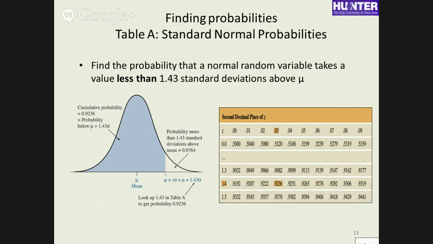You follow the rows until you get the first decimal place, and then go across until you get the second decimal place. So the probability of an observation 1.43 standard deviations above the mean or less is 0.9236, or 92.36%.